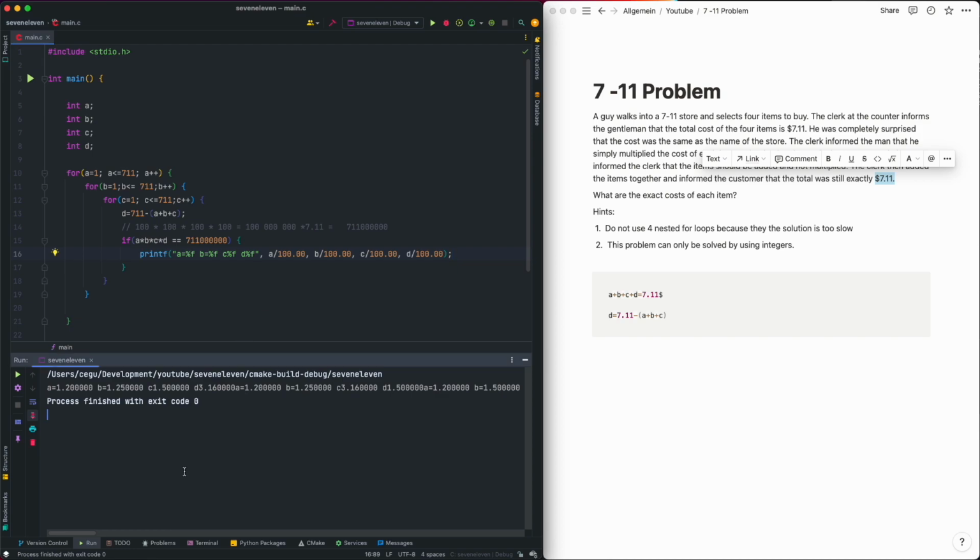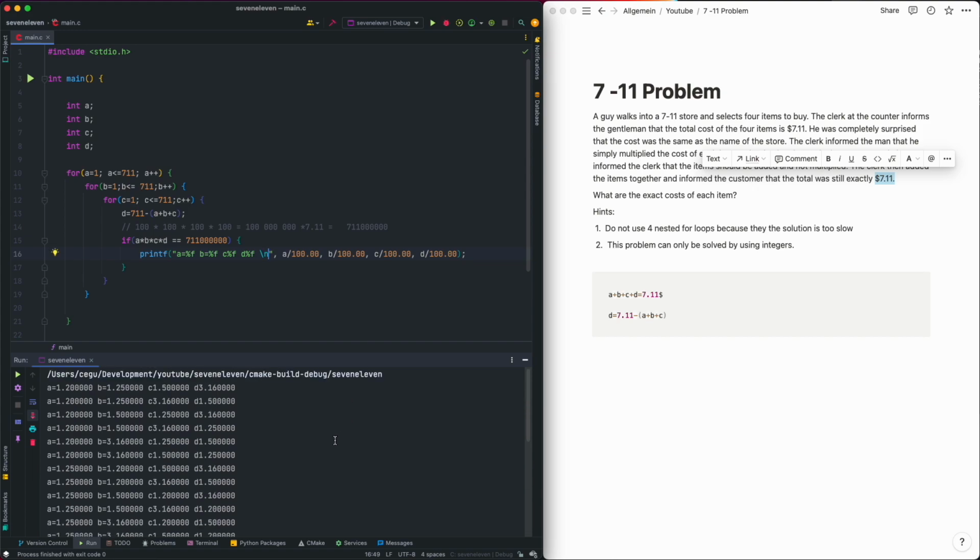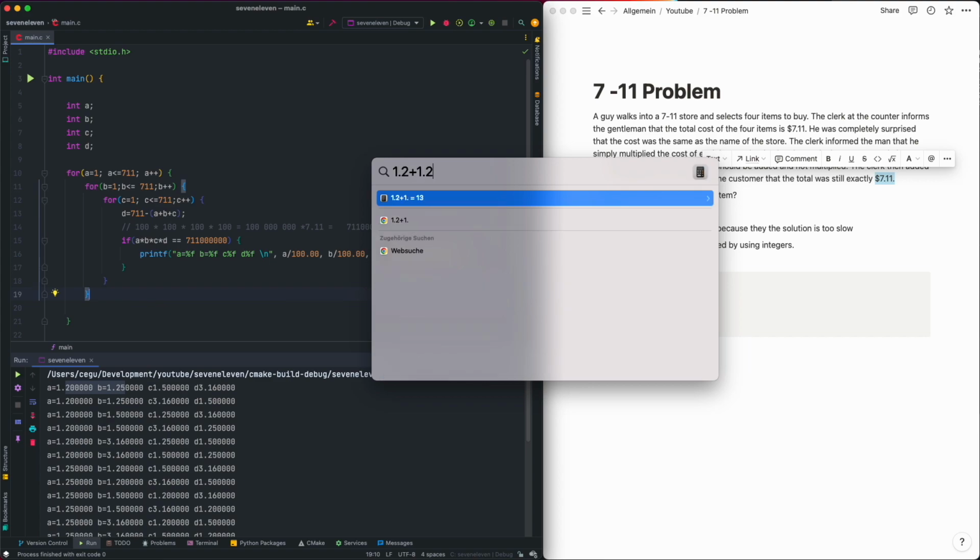Yeah, as we can see, we are getting some solutions here, and we could also then say maybe \n for line break. So the solution is not so ugly, and we can just check the first line here. 1.2 plus 1.25 plus 0.5 plus 1.6.